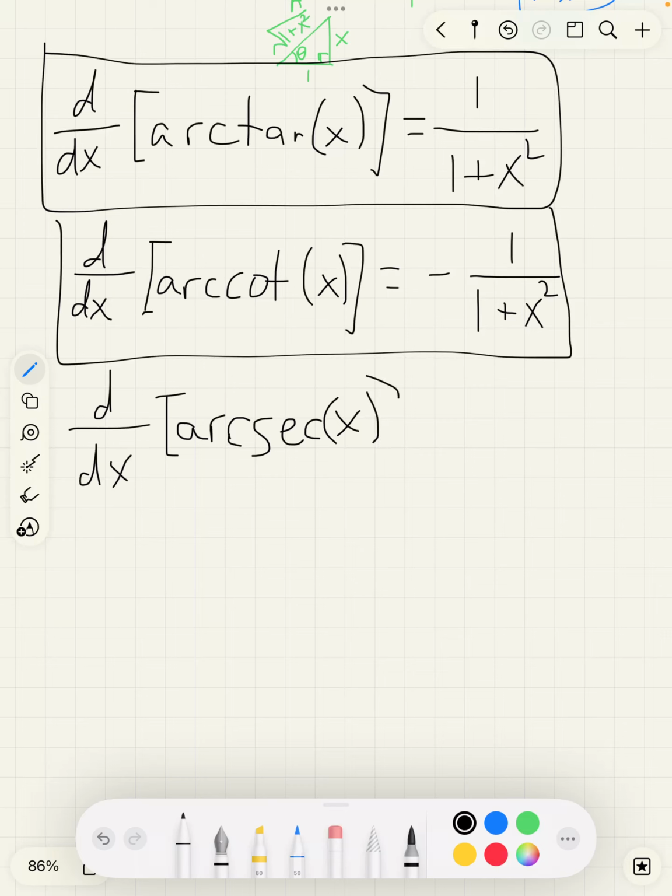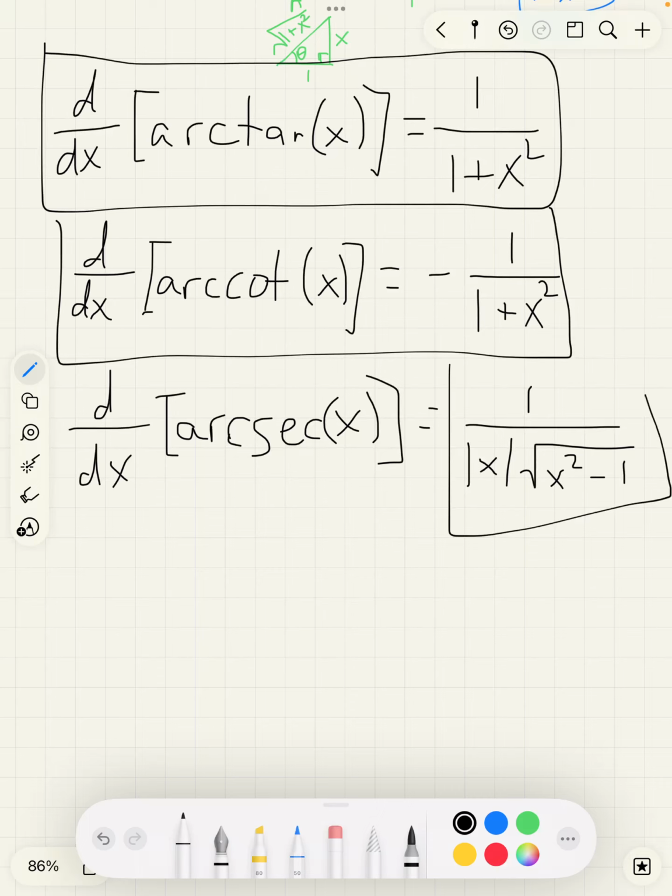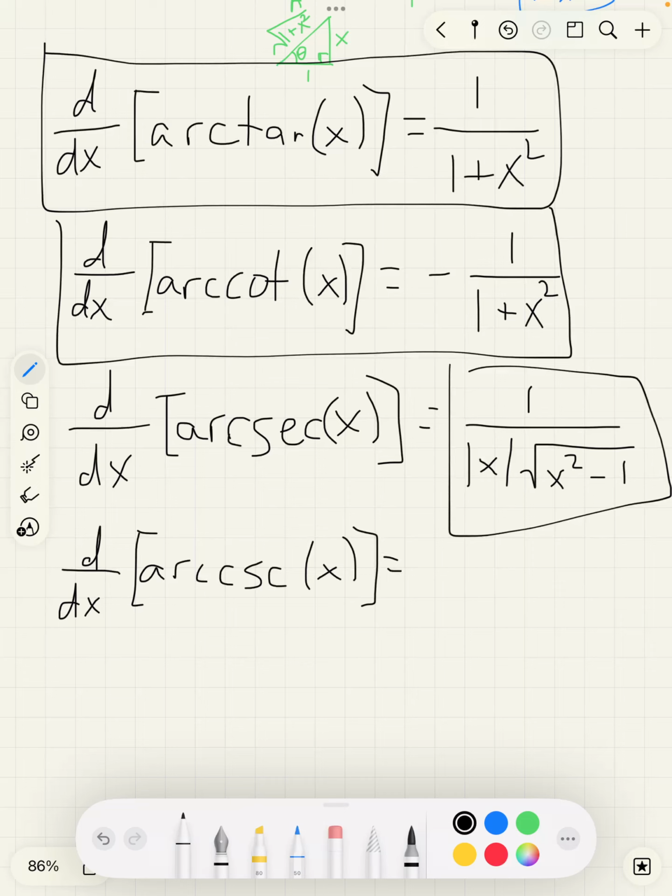All right, derivative of arcsecant x. It's 1 over the absolute value of x times the square root of x squared minus 1. And for our arccosecant of x, it's just the negative of that.